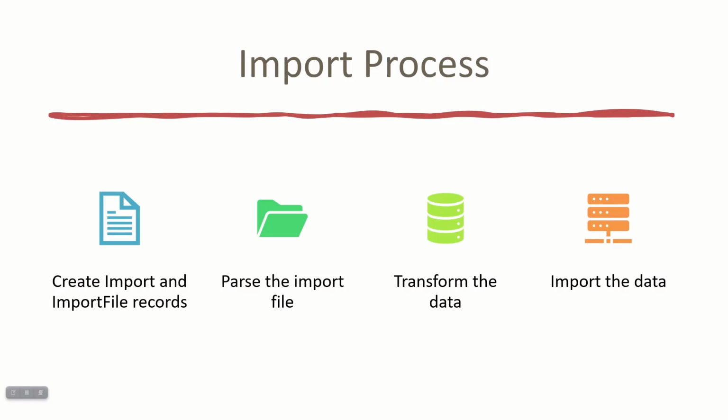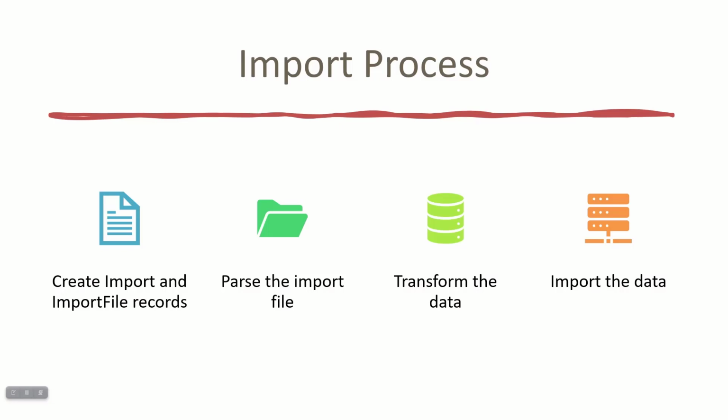Then we start a series of asynchronous processes, and they go in order. First is parsing, which basically goes through the file and parses it all out into a format it can use. Then there's a transformation, which matches up the data types of the import map and the target with the source file you started with. For instance, if you're importing an option set, it makes sure that the option set values match the option sets that you see.